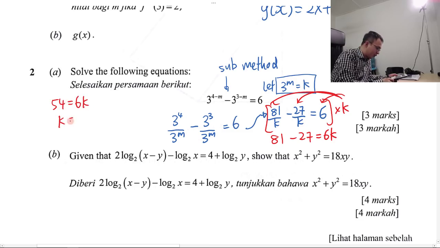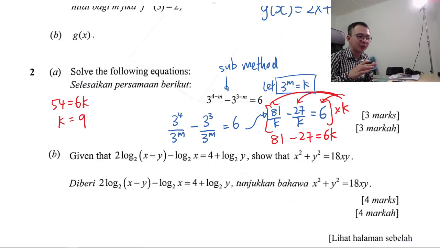Your k should equal 7, you just divide by 6. Sorry, it's 9. What's wrong with my calculation? Yes, you will get 9 here. So this is how I solve this kind of question. You need to understand what indices are, and if you understand, then it should be easier.